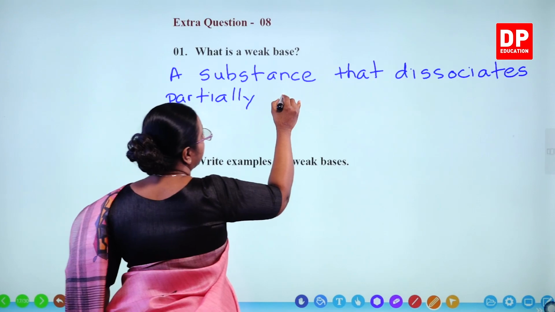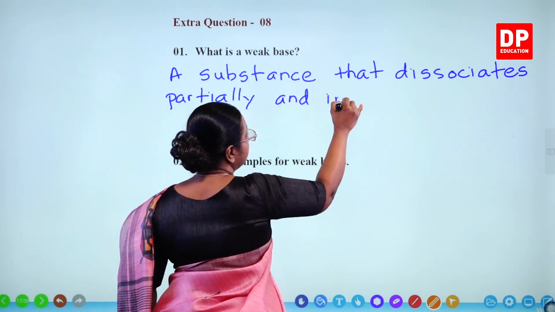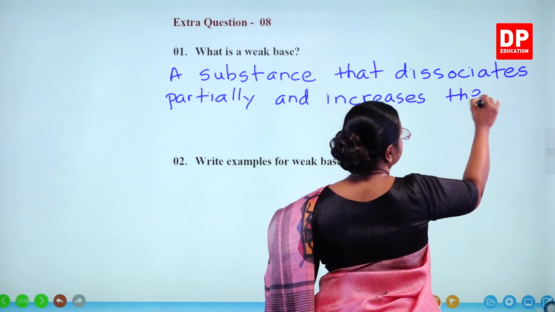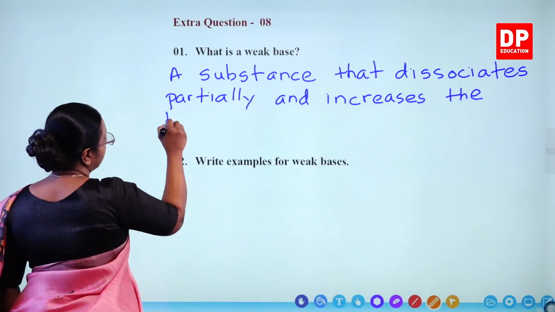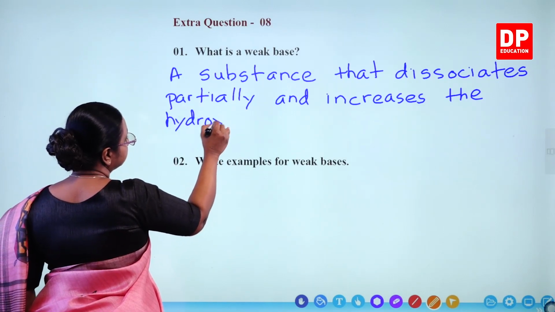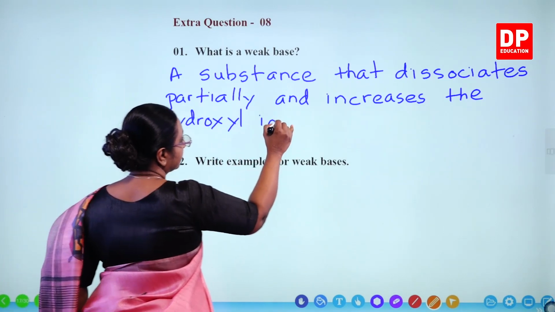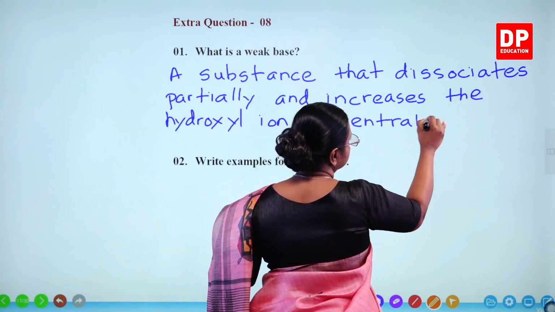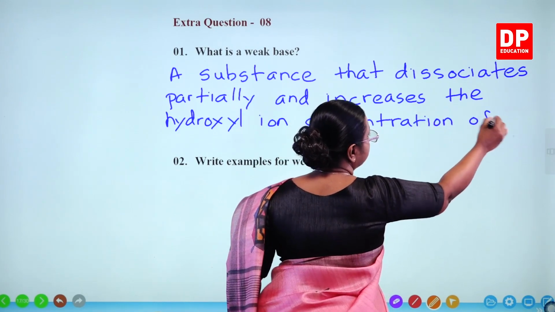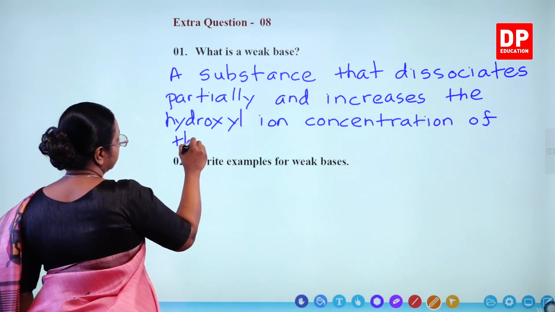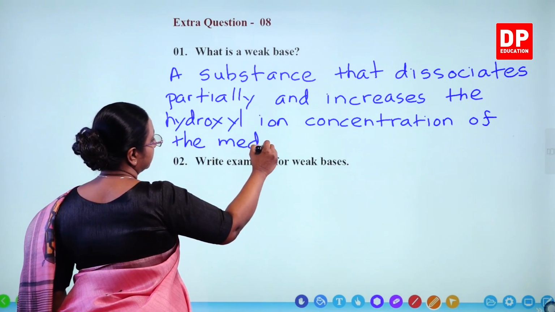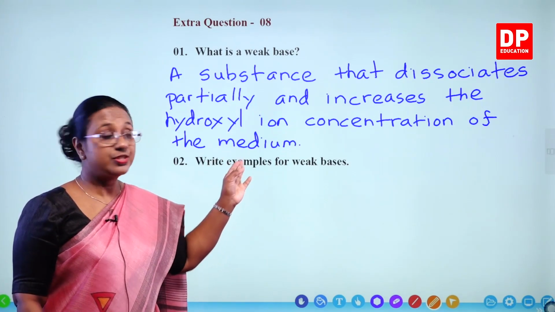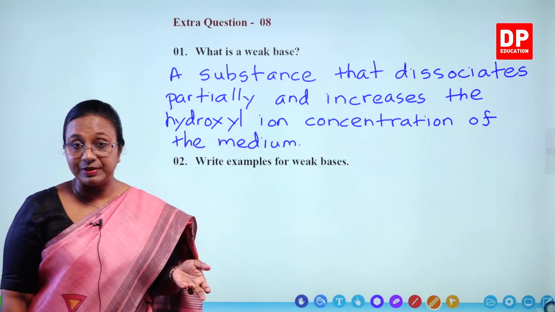Partially and increases the hydroxyl ion concentration of the medium. So here the only difference is it dissociates partially or incompletely, you can say.